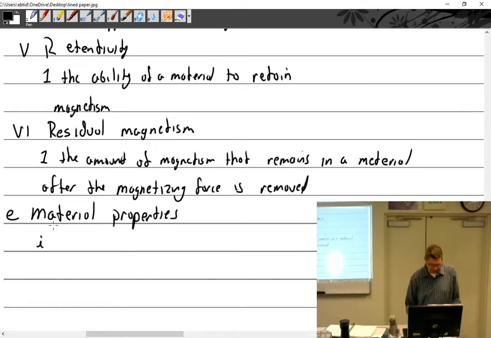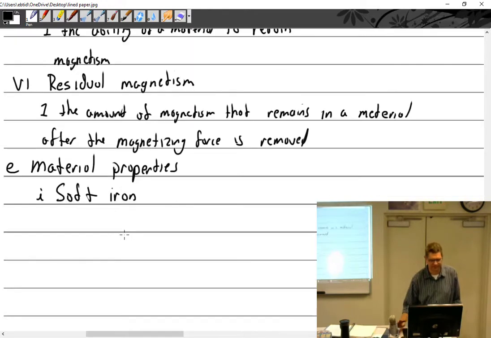All right, so let's put this into practice. Soft iron, kind of an oxymoron, but soft iron. So we'll say low carbon steel. You tell me, what about the permeability?